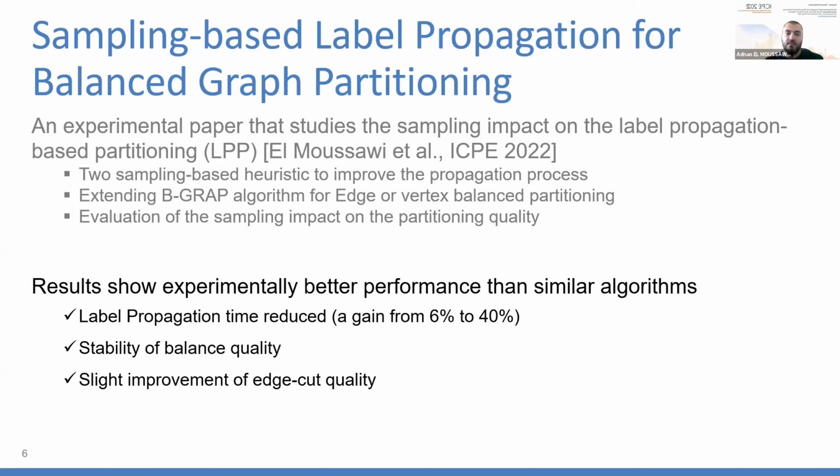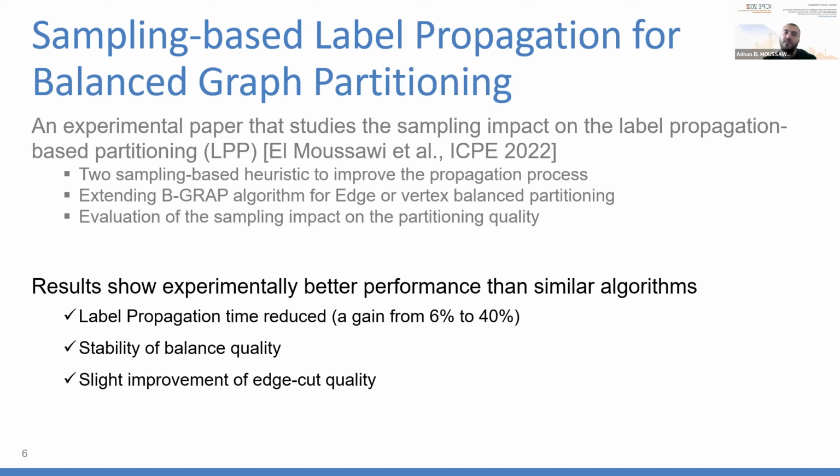Regarding the computational time, over all the graphs that we have used in our experiments, we have reduced the computational time with a gain that ranges between 6 and 40%. Regarding the stability and the quality of edge cut, generally over all experiments, we get a stable quality. The quality of balance and edge cut was not reduced.